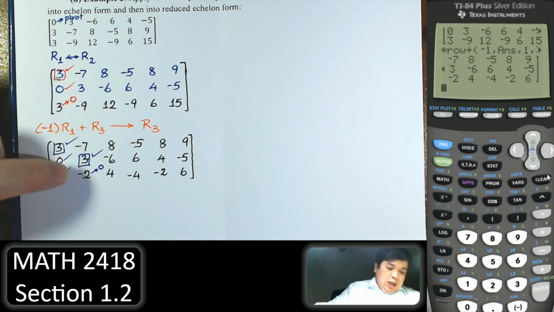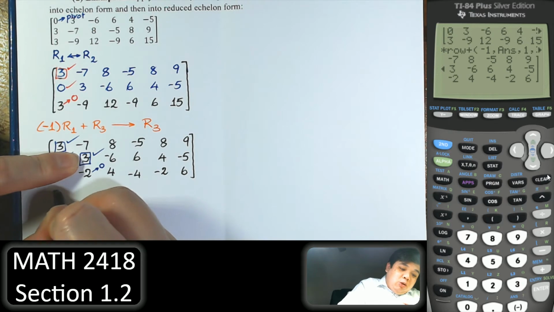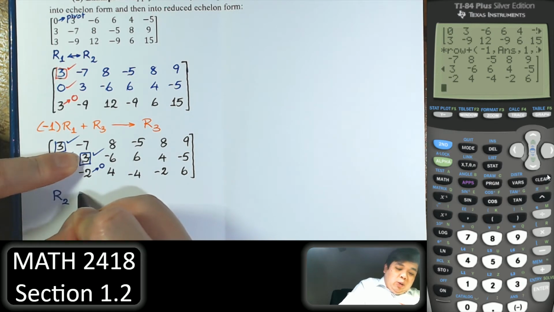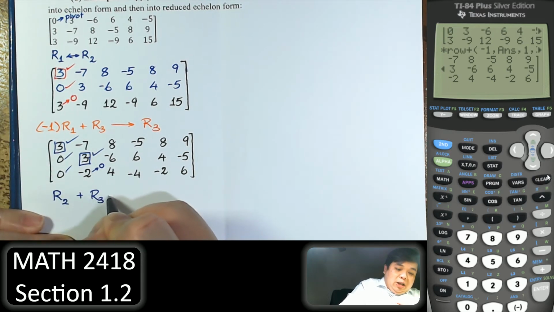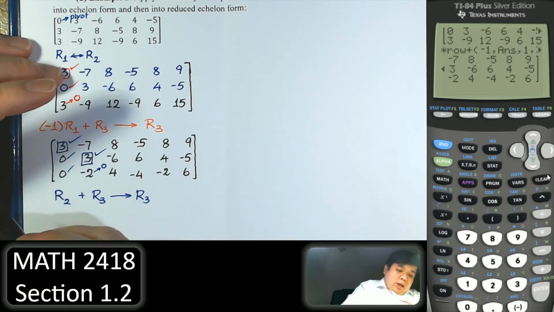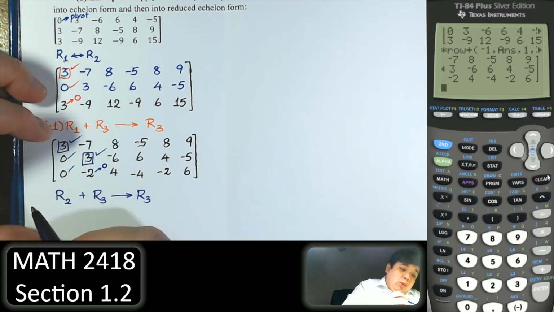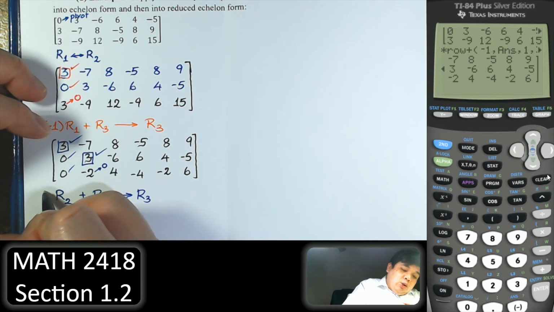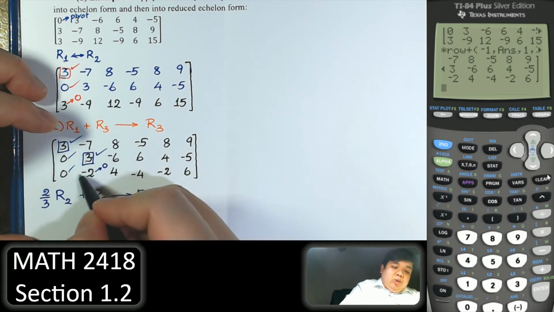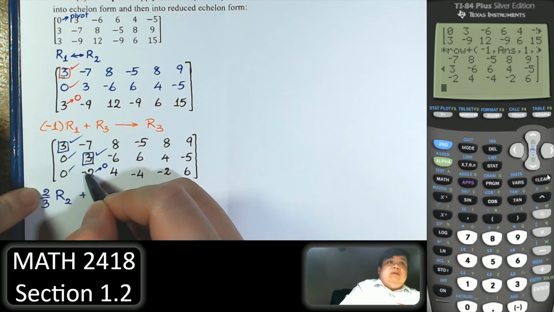In that case, we multiply the pivot row, so multiply something to row 2, and when we add to row 3 and replace row 3, we eliminate. So what do we multiply to 3 that gives us negative 2? That will be negative 2 thirds, or 2 thirds. 2/3 times 3, the 3 and 3 cancel, 2 and negative 2 gives us 0.